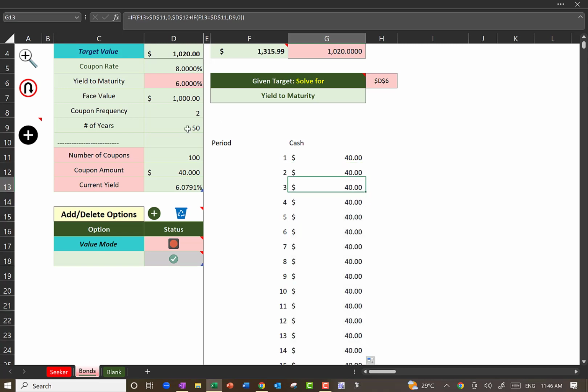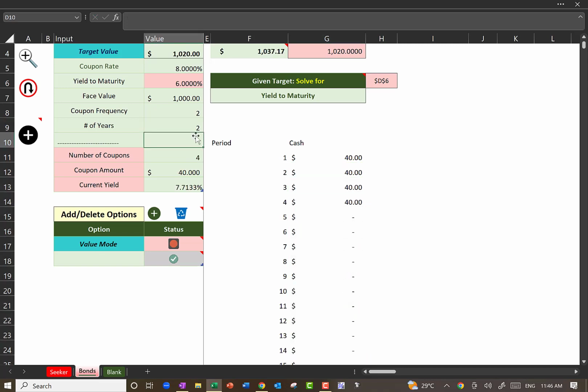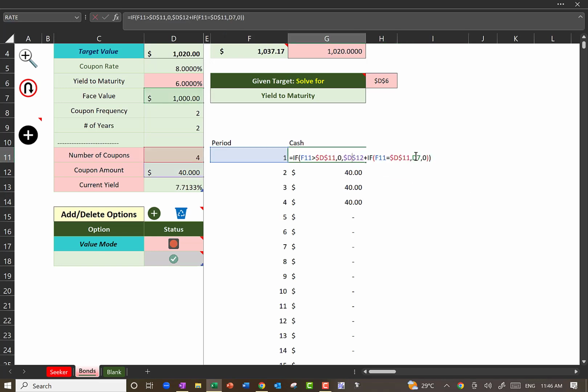this is why it's important to be careful about absolute references, because I'm going to copy and paste that formula all the way down. Let me make this a bit bigger. Okay.